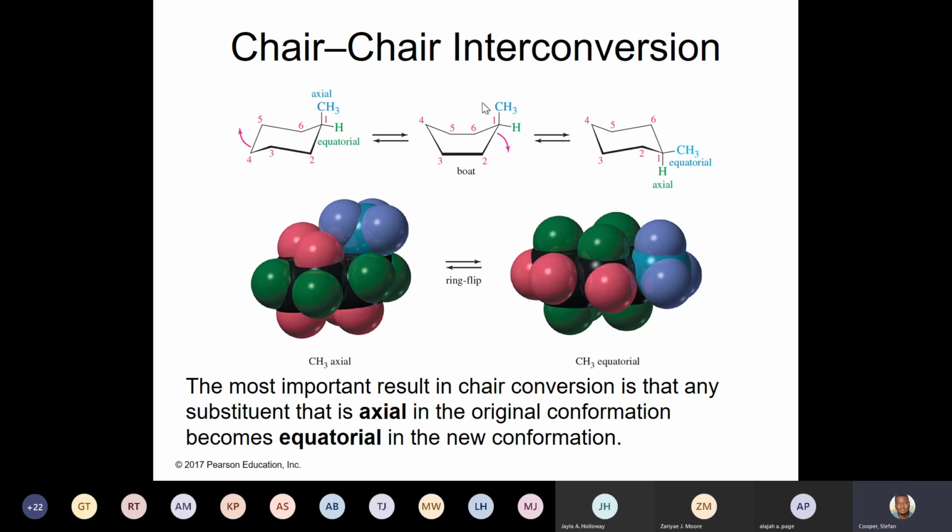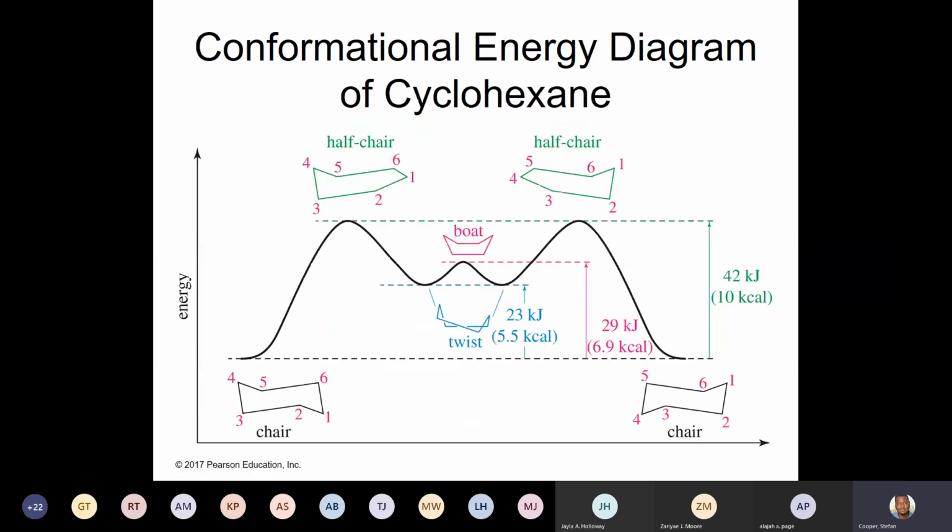So that means that this 6-member ring chair can flip to this 6-member ring chair. And I want to make sure I go back and talk about how this happens. Typically in a 6-member ring, the chair will move into a half chair, to a twist, a boat, a twist, another half chair, and finally a chair to move between these two conformations.